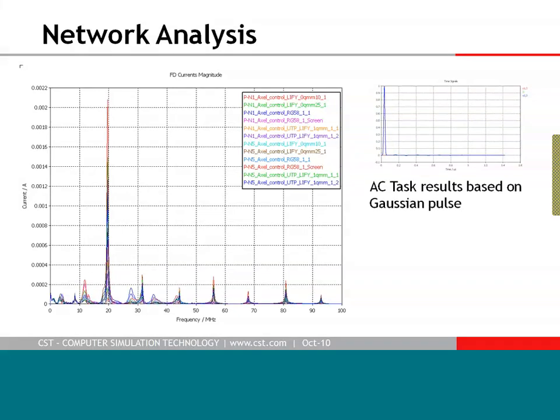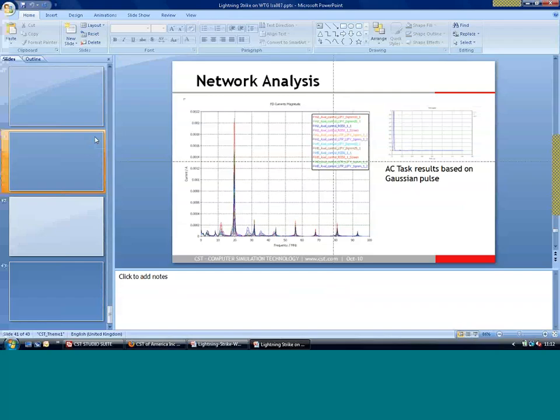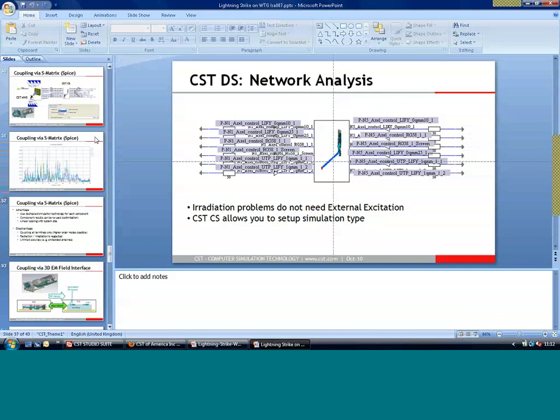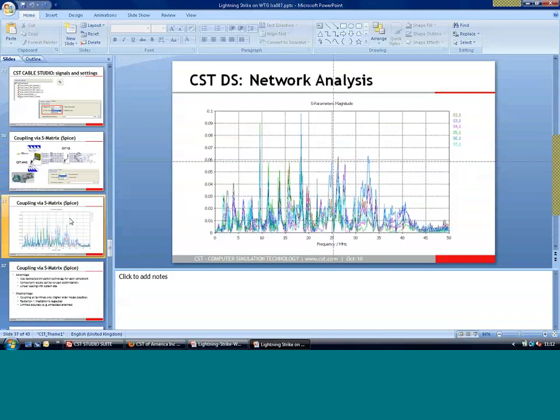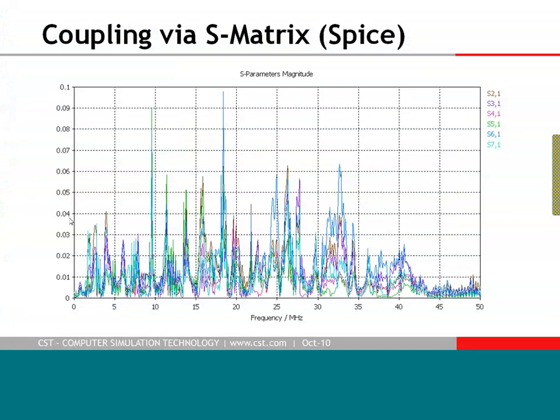So what we immediately recognize here is that around 20 gigahertz, there could be a strong resonance. This is the 3D with the coupling approach. If we go back to the slide, with the S matrix, we see that the coupling is more or less low.